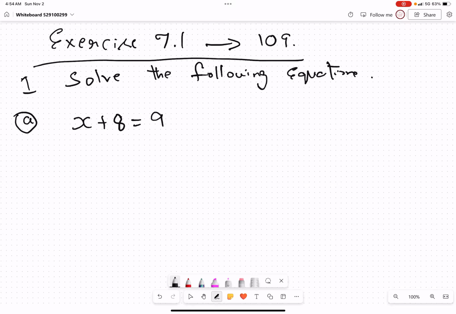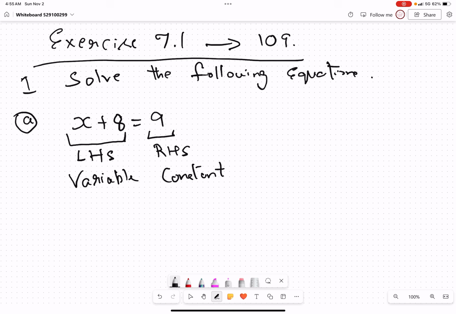Guys, in this equation there are two parts to it: one is the left hand side and the other is the right hand side. On the left hand side, make sure you always write the variable. On the right hand side, you'll always write the constant.